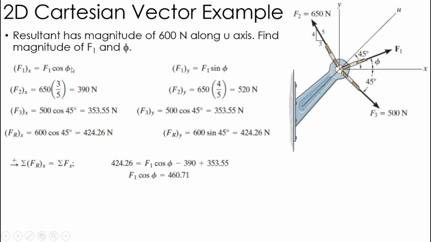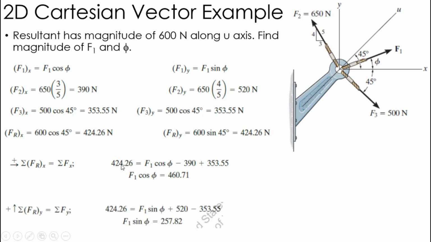So that'll be F1 cosine of phi minus 390, because F2 is going to the left in the negative x direction, plus 353.4, which is the x component of this 500 newton force. Solving that for F1 cosine phi, I get 460.7. So again, I'm solving for something other than the resultant. Add up each of the components and set them equal to the resultant.